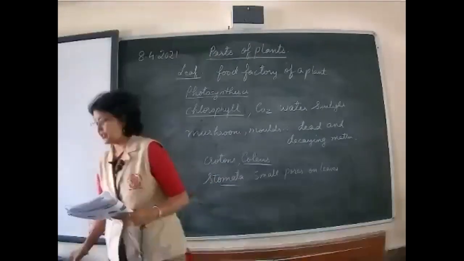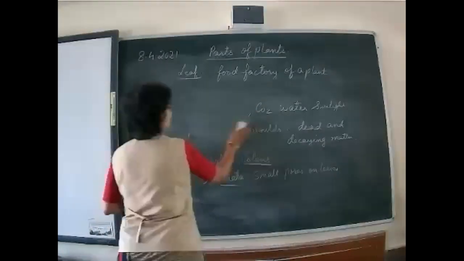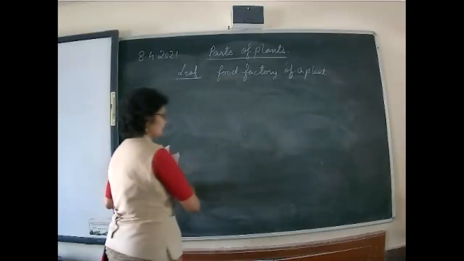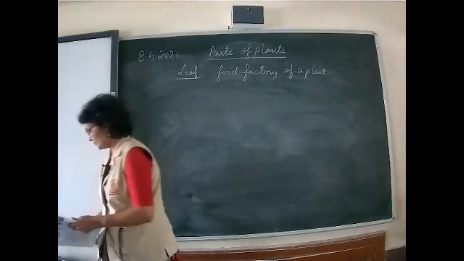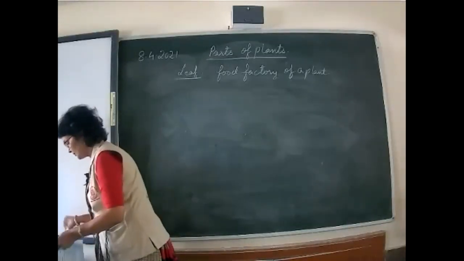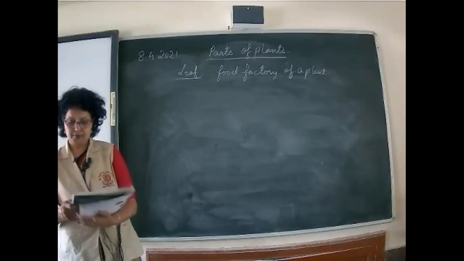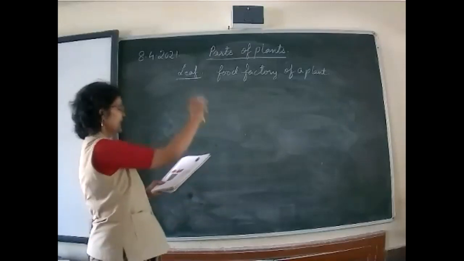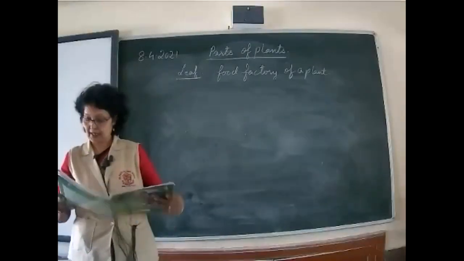Okay, so this was about the leaf. Now we'll do the function of leaf. Leaves are called the food factories of the plant. Leaf uses energy from the sunlight. This we have done.